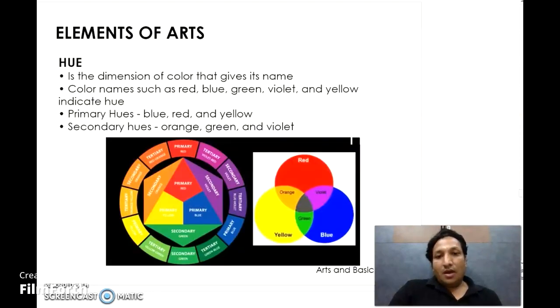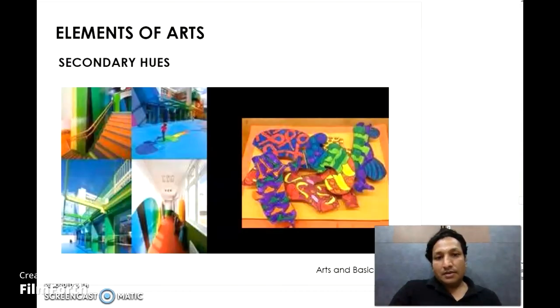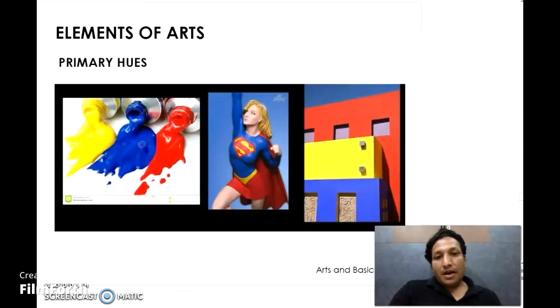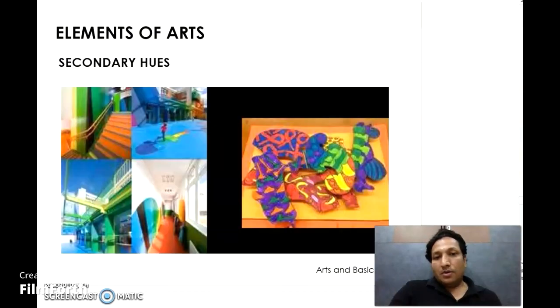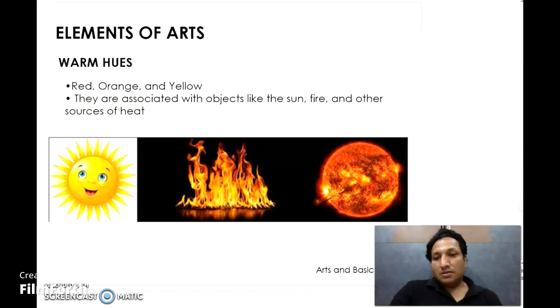So this is all about color: primary hues, secondary hues, tertiary hues. These are the examples of primaries. Secondaries: primary red, blue, yellow; secondary green, orange, violet; and tertiary are known as red-orange, red-purple, blue-violet, yellow-green, yellow-orange.